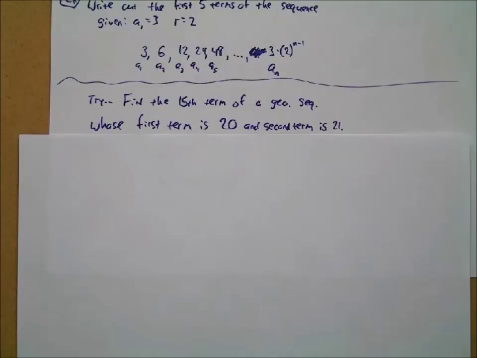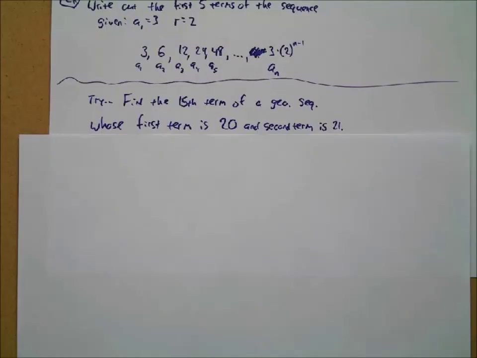Equals 20 times, and I don't know after that. What's the common ratio? How can we figure it out? Remember that the common ratio is the next term divided by the previous term. So 21 divided by 20, that's 1.05 as a decimal.